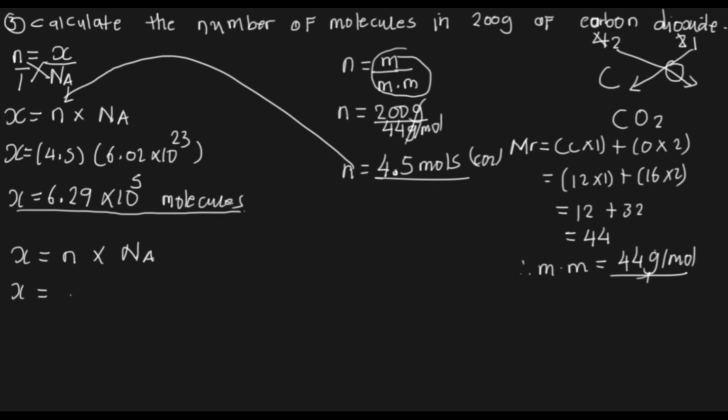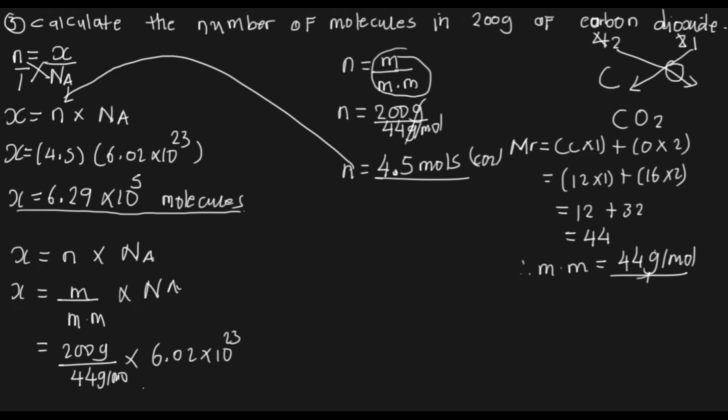So where there is number of moles, we can just say mass over molar mass times Avogadro's, where the mass is 200 grams divided by its molar mass. Its molar mass is 44 grams per mole times 6.02 times 10 to the power 23. So if we finalize, we are going to get the same answer, 6.29 times 10 to the power 5 molecules.